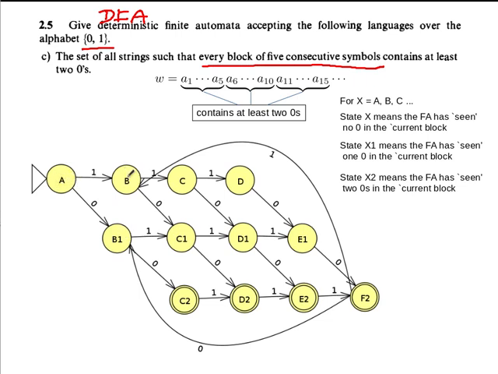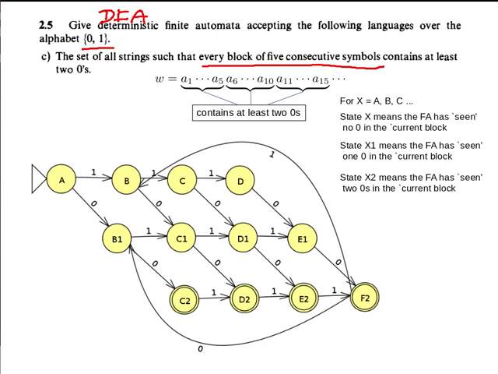After processing 2 symbols you are in one of these states. After processing 3 symbols you are here. So these correspond to which symbol you are processing in your current block. After processing 5 symbols, you again go back here or here.